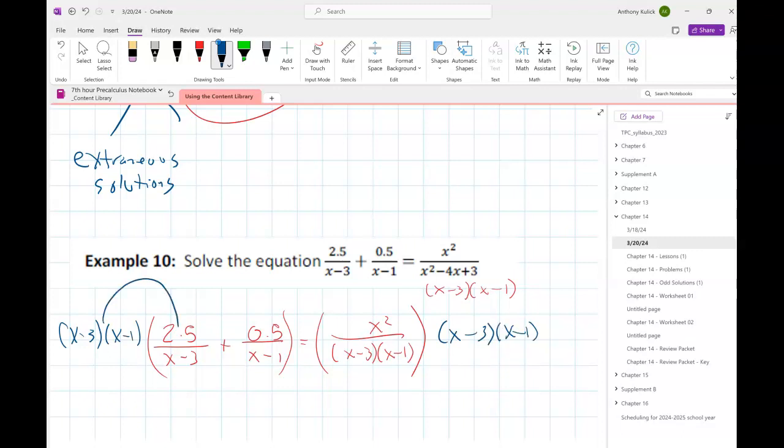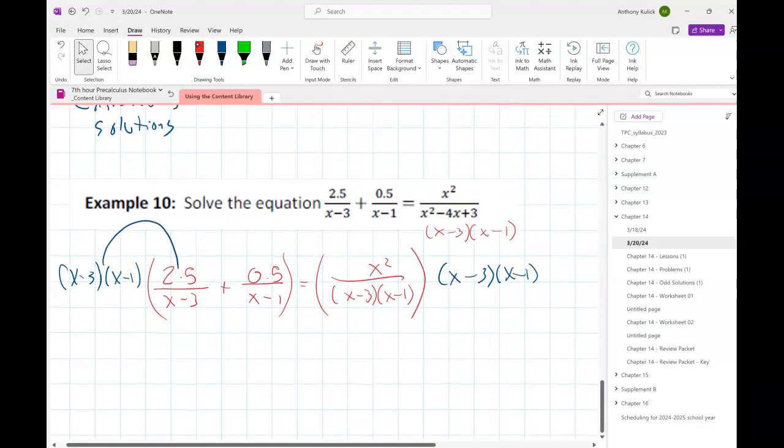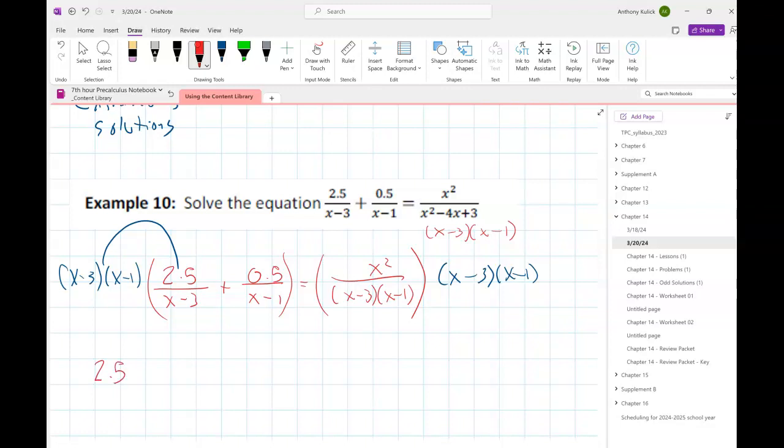I'm going to treat it as one thing. When I multiply it with 2.5 over x minus 3, what do I get? Awesome. And when I multiply it with 0.5 over x minus 1, what do I get? Great.